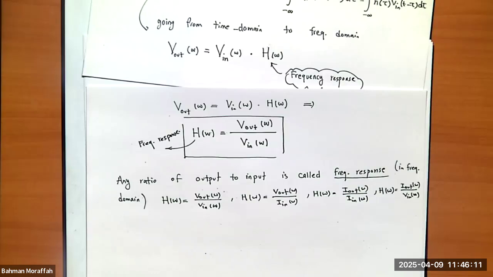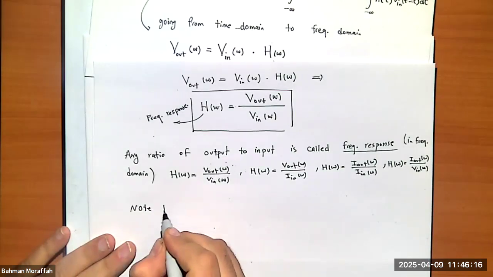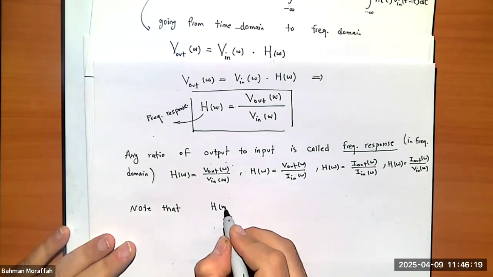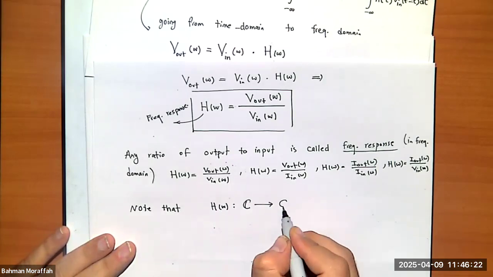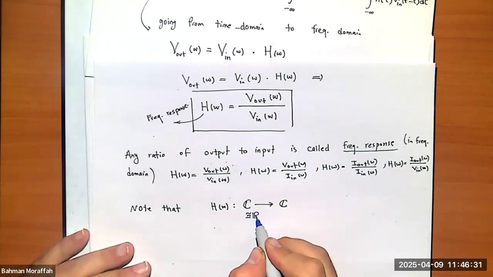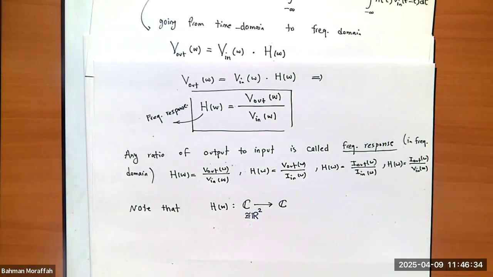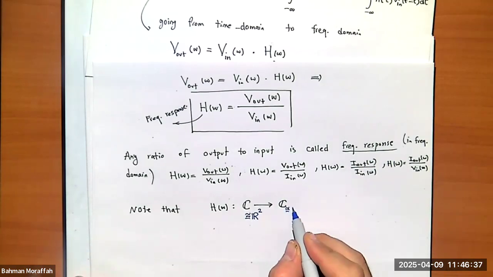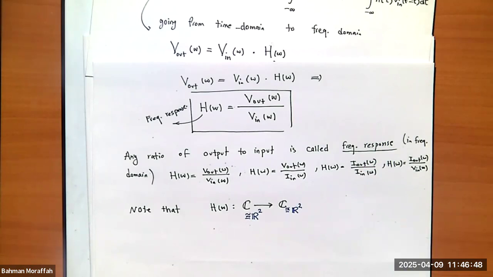Because remember, note that h of omega goes from complex numbers to complex numbers, right? And if you remember, we said complex numbers are similar to R squared. So this function h goes from R squared to R squared. So what is this graph actually located in?